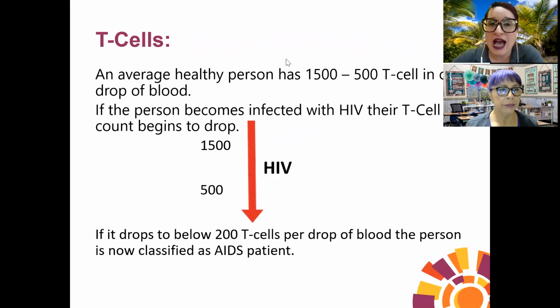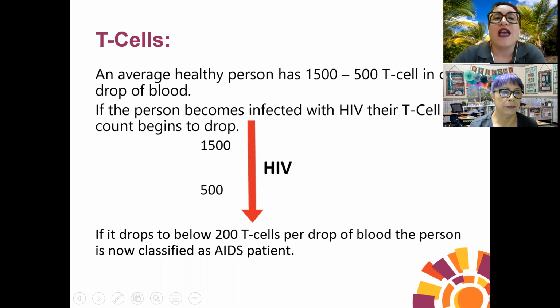How does the HIV virus attack your body? We have in our body cells named T cells, and T cells are the defenders of our body, the soldiers. An average healthy person has 1,500 T cells in one drop of blood.